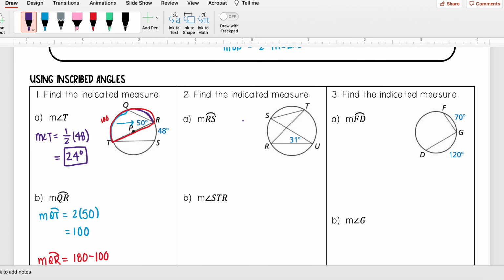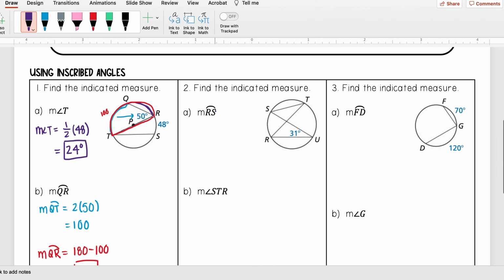Okay, let's look at number 2. Here we first want to find the measure of arc RS. So I want to find the measure of this arc right here. Well, I see it really has 2 inscribed angles. I have my inscribed angle STR that makes up that arc, but I don't know that angle measure, so I can't use that.